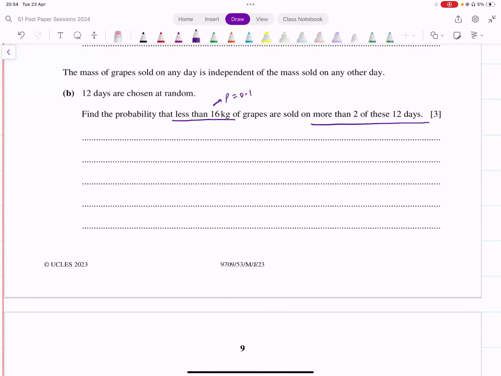This is binomial distribution. We're talking about number of successes. So if we call selling less than 16 kg of grapes in one day a success, we are talking about the probability of getting more than 2 successes out of 12. That's what we're calling success.